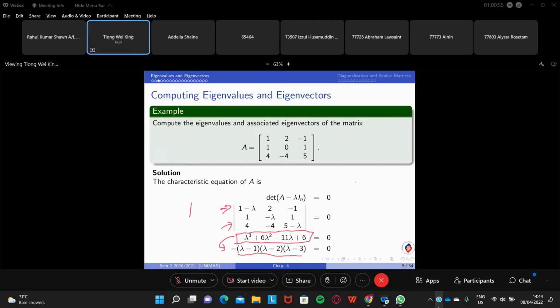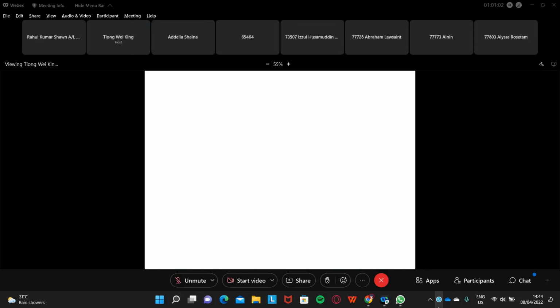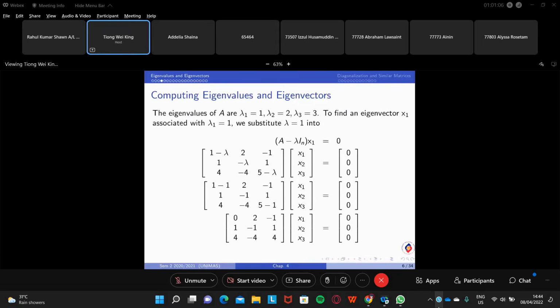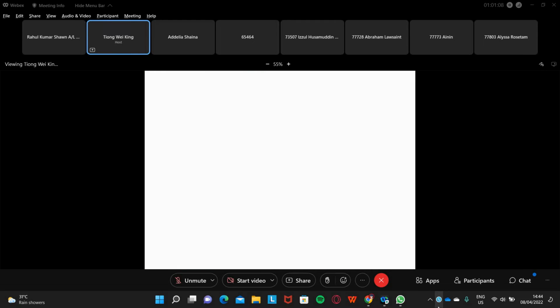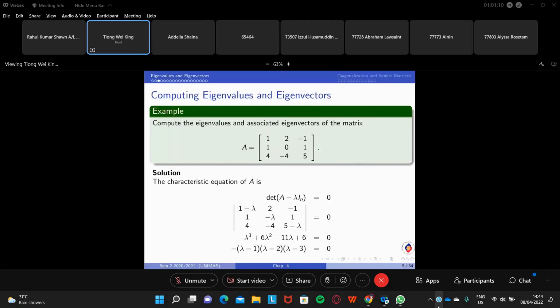So next is this. From here, we get lambda equals 1, 2, and 3.